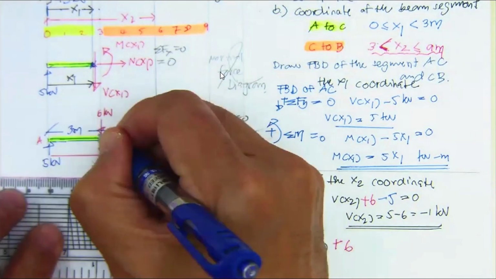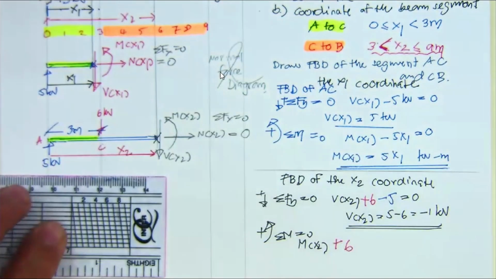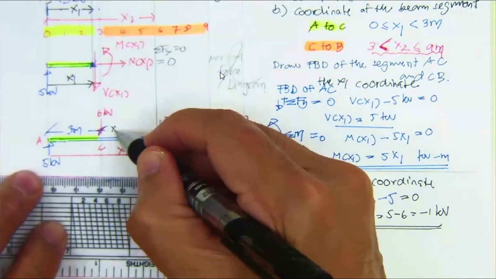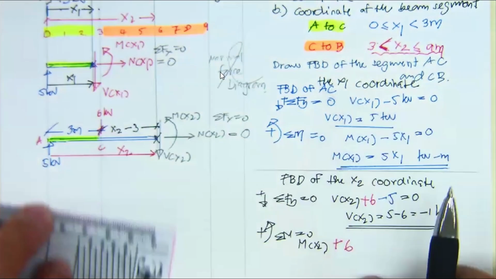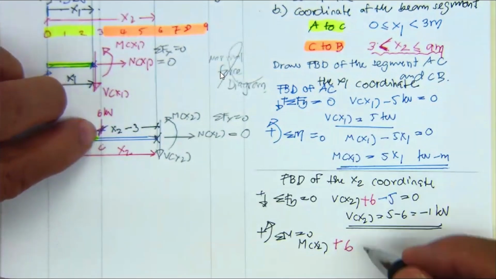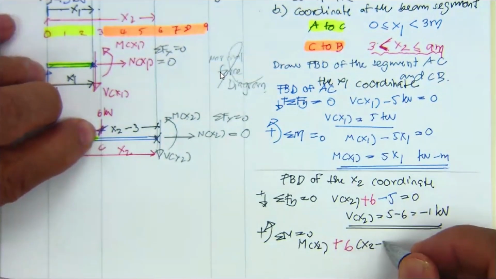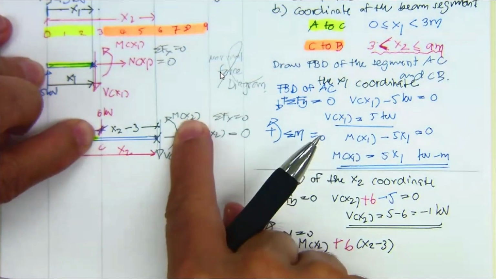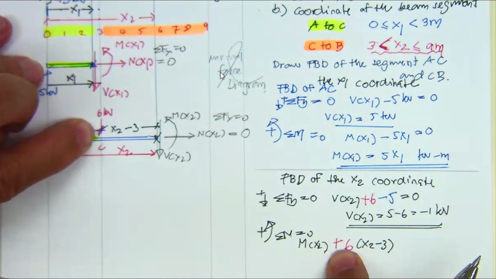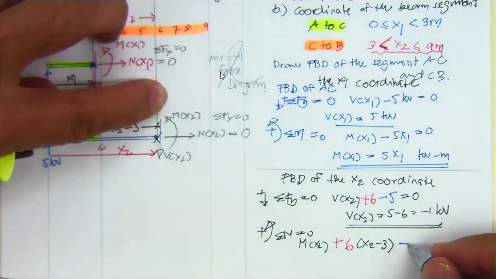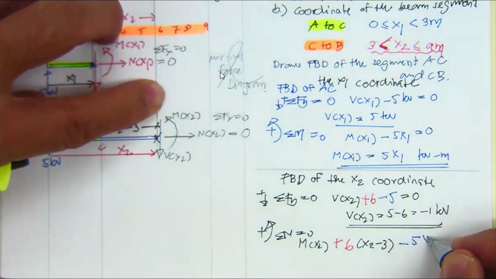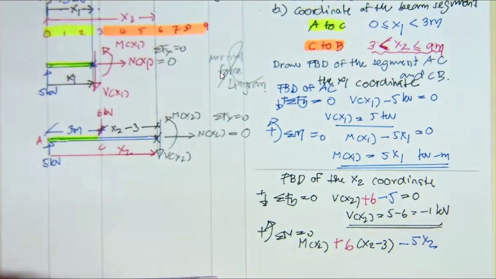So the moment arm over here is going to be x2 minus 3, plus this one, x2 minus 3, in the same positive rotation. This one is in the opposite direction, minus 5 times x2, and you put it equal to 0.